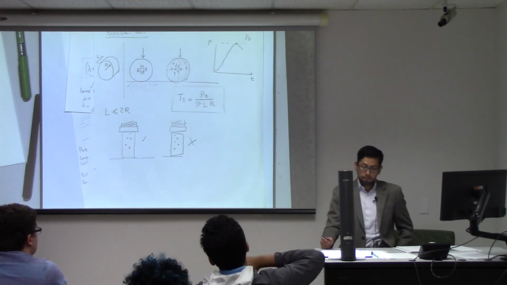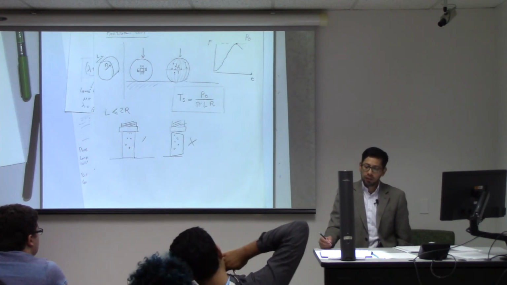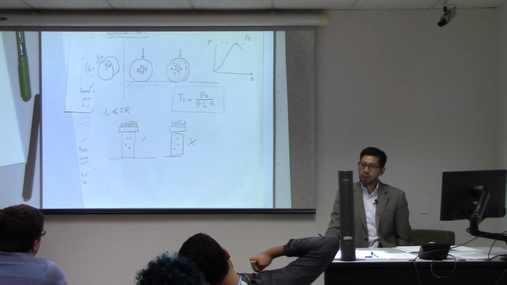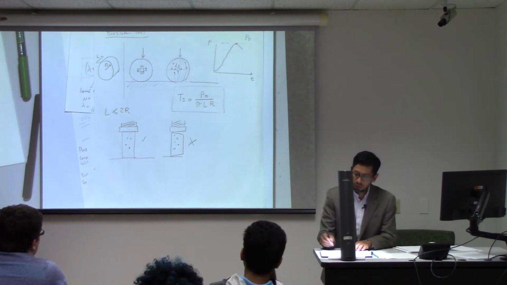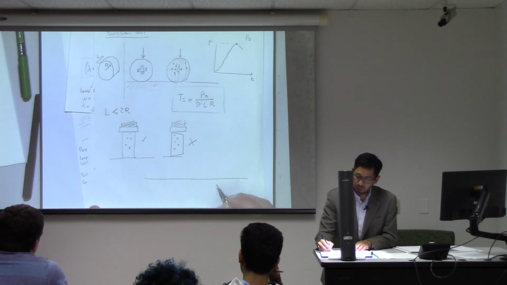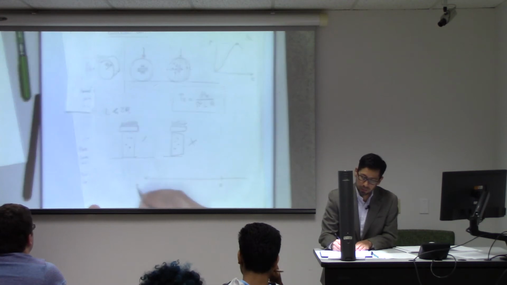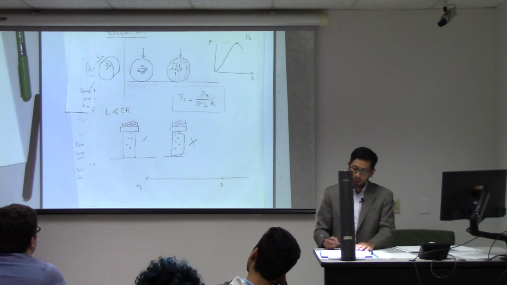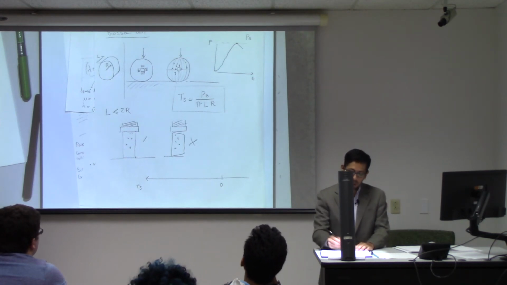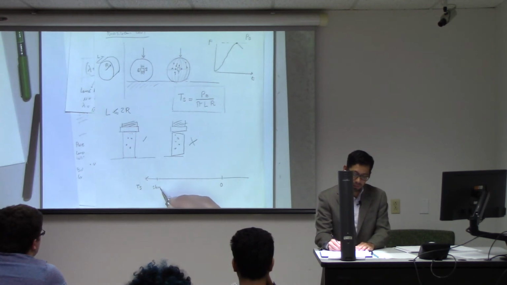So, what do you think is the typical tensile strength of a rock? So I'm going to put an axis here. This is 0. This is TS, tensile strength. Let me tell you what is the tensile strength of stainless steel.